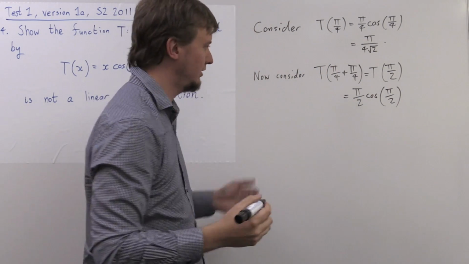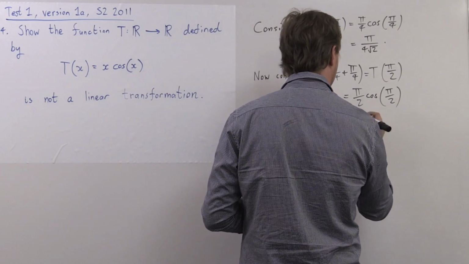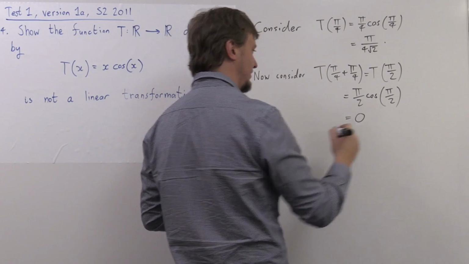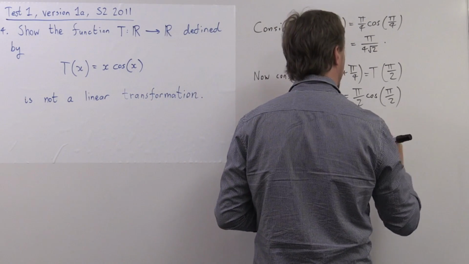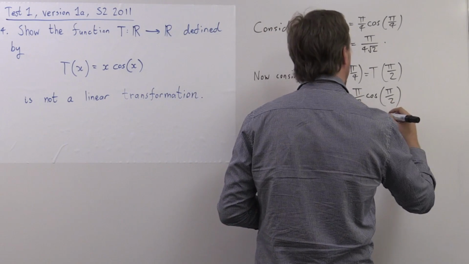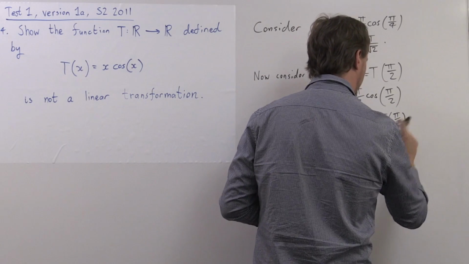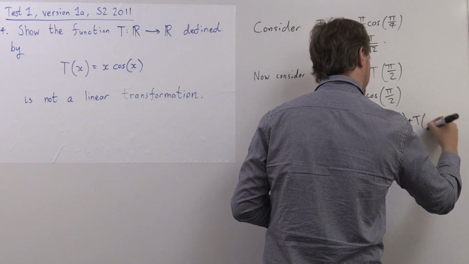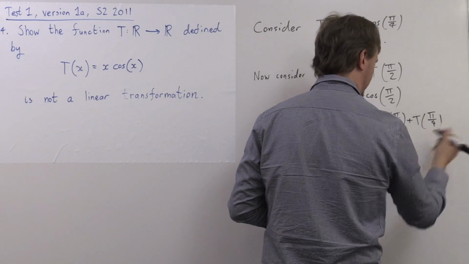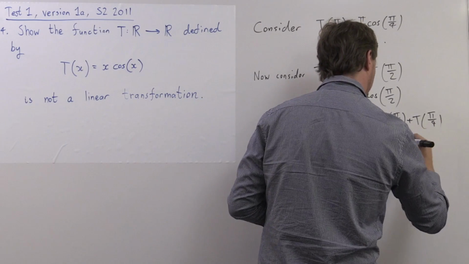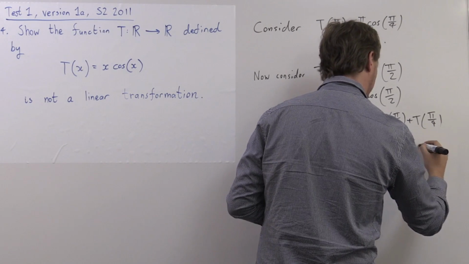Cosine of pi over 2, that's nice, that's 0. So this actually spits out the number 0. And note that this is not equal to what happens when you take the map applied to pi over 4 plus pi over 4, and this quantity here is pi over 2 root 2, not 0.